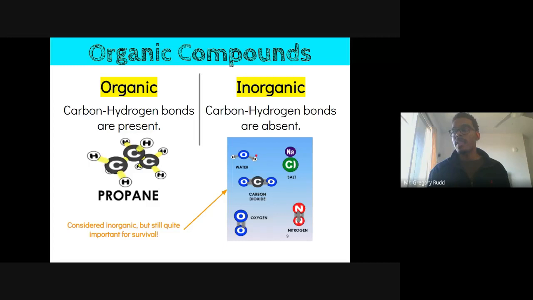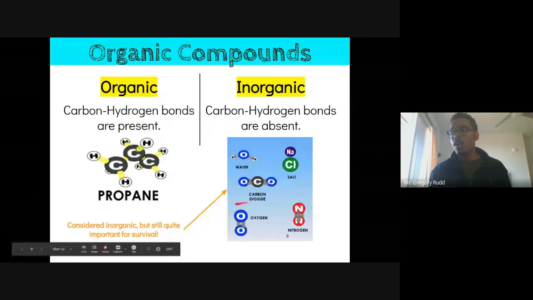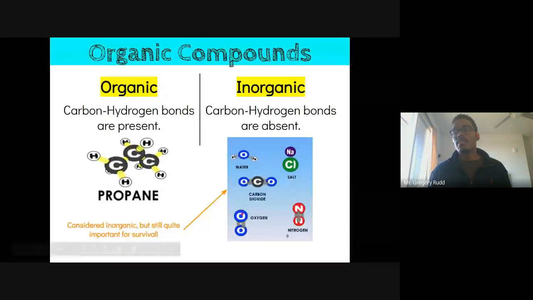Water is still something that all living things on Earth need. Carbon dioxide is essential for organisms that do photosynthesis. Oxygen is essential for almost all living things on Earth. So these inorganic compounds are still important, even though we would consider them to be inorganic, just because they don't have carbon-hydrogen bonds.